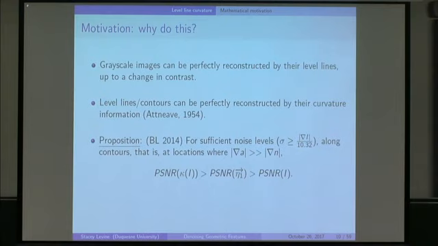For sufficiently high noise levels, you can show that along image contours, which is really what we're aiming at, the PSNR of the curvature, the level line curvature, is strictly greater than the PSNR of the unit normal vector field, which is strictly greater than the PSNR of the image. So perhaps this might be reasonable to work with if it is less noisy.